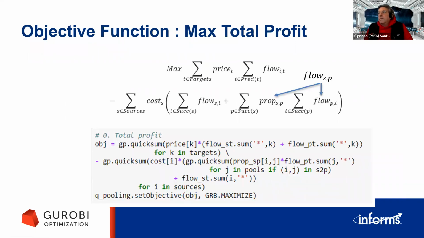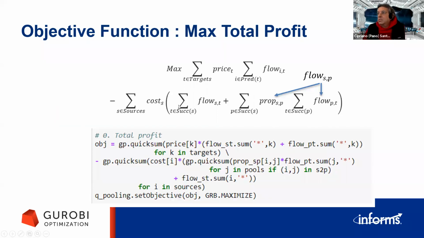The objective function here is to maximize profit. So the first term here represents the revenue generated from all the target nodes. And the second term here is going to represent the cost, so basically the cost of oil coming from each of the source nodes.